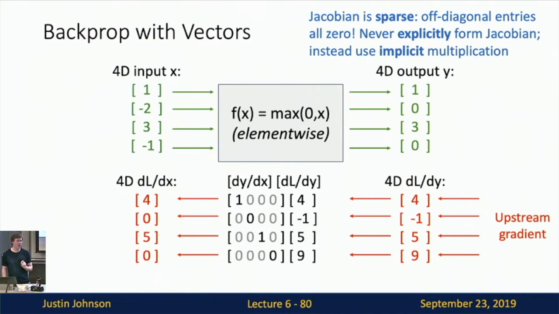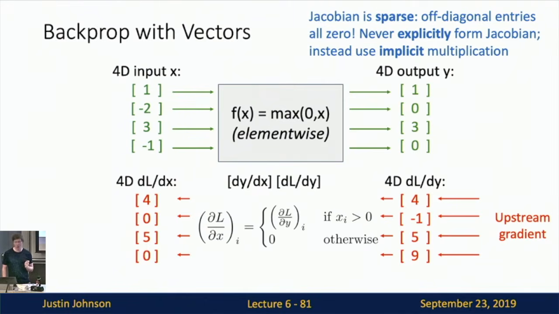So really, the big trick in backprop is figuring out a way to express these Jacobian vector multiplies in an efficient, implicit way. And for the example of ReLU, this is trivial, because we know that ReLU has this structure where the diagonal entries are either 1 or 0. So for the ReLU, we can compute this downstream gradient by either passing on the upstream gradient or killing the upstream gradient and clipping it to 0, depending on the sign of the corresponding value of the input.